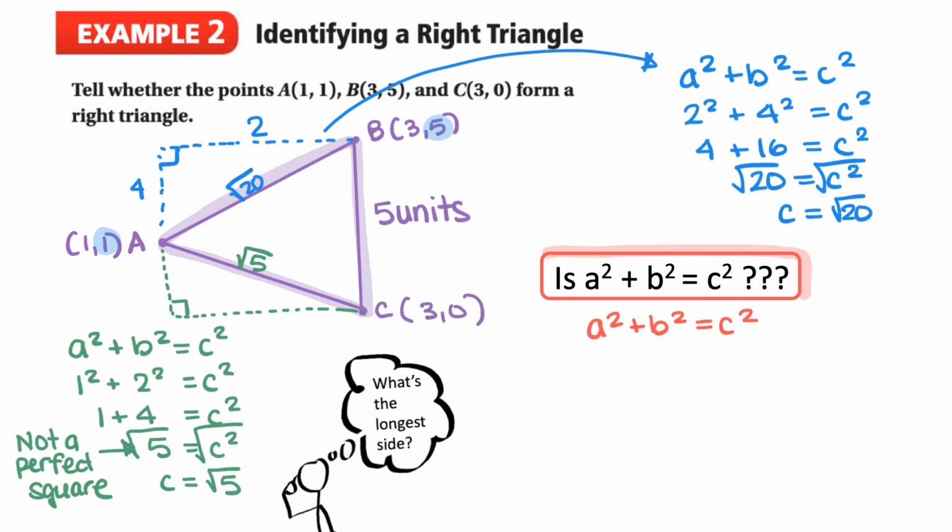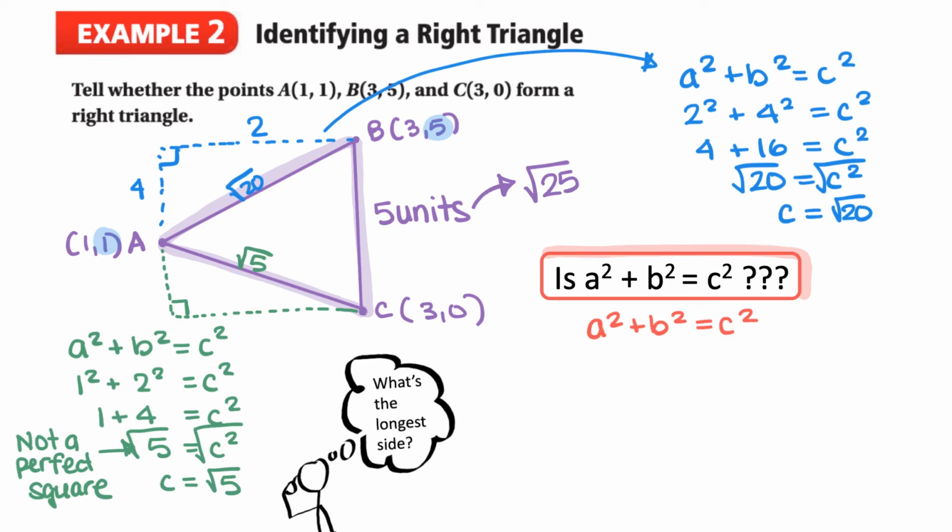We could use a calculator to figure out what the root of 20 is and the root of 5 is, so that we know approximately how big that is and know which side is the longest. Or we can also know that to get 5 units, we would have to do the square root of 25.